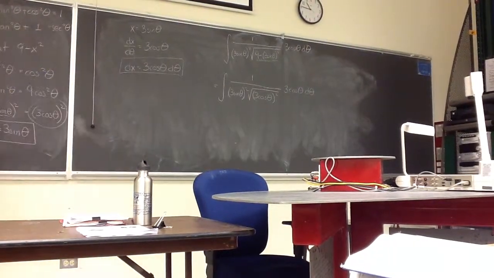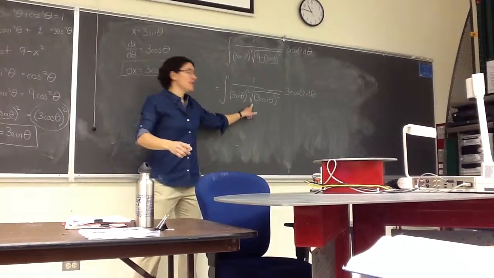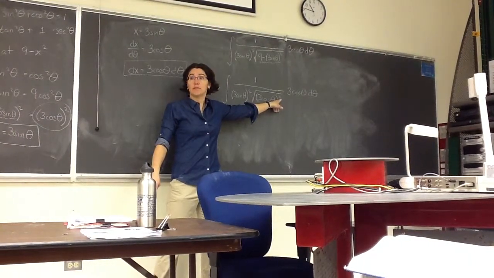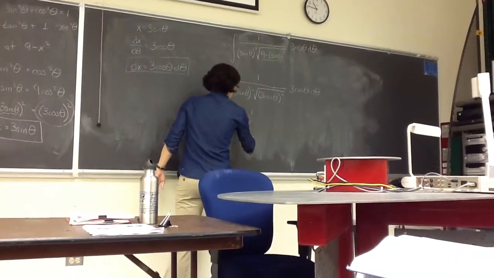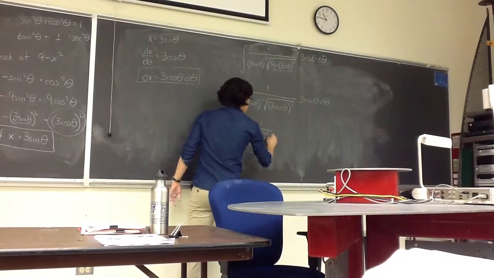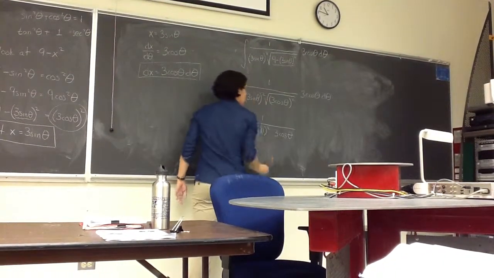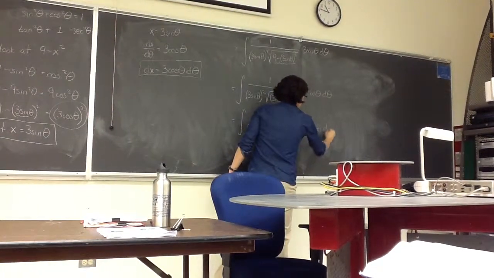And we really like that a lot, because what that does for us is this square root and that square right there, bam, they cancel each other. And so we are left with the integral of 1 over 3 sine of theta squared times 3 cosine of theta, and then in our numerator again, 3 cosine theta d theta.